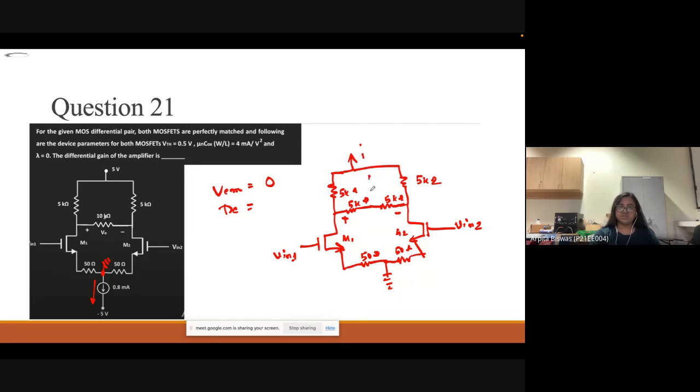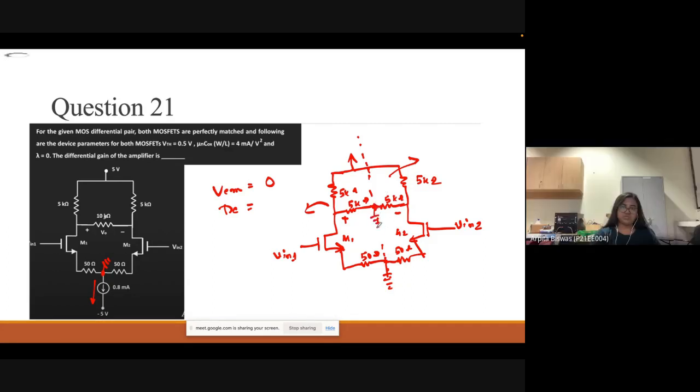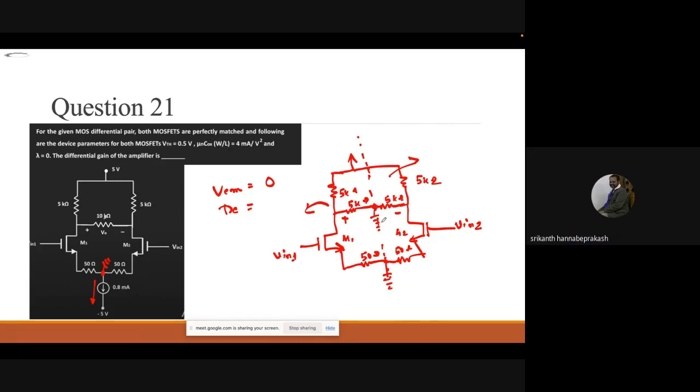Can we calculate for one part, so it will be the same for the second part? Can we take the half symmetry portion? Madam, if there is a virtual ground between the two 5Ks, on the top side, yes. Here also the virtual ground is present, so it is possible to take the half symmetry.